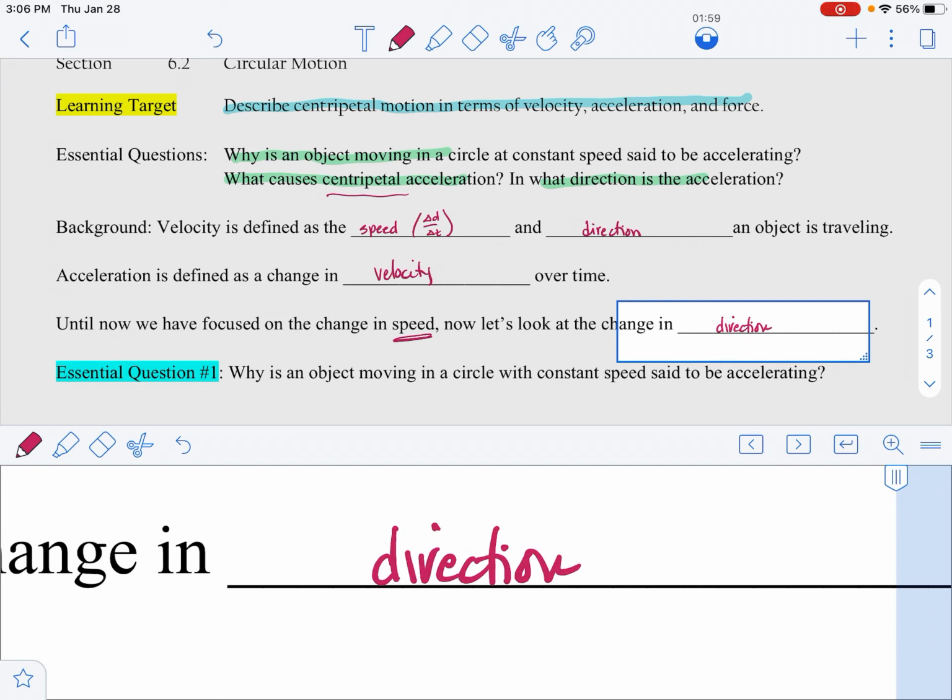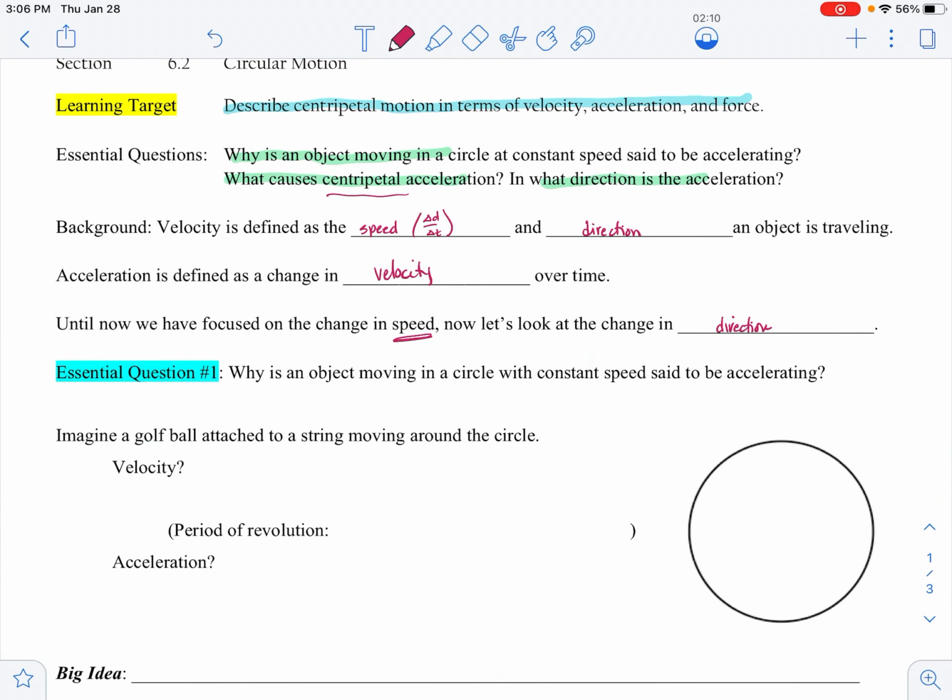So our object is going to be traveling at the same speed all the time, but it's going to change direction, so it still has some acceleration. All right, so here's our first question. Why is an object that is moving in a circle with constant speed, all right, that's what we said, constant speed, said to be accelerating?